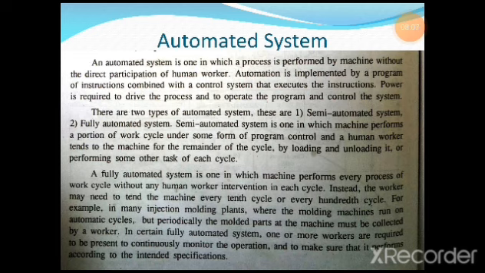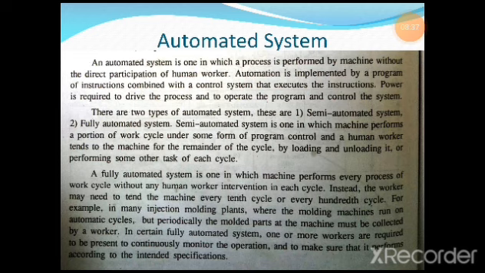A fully automated system is one in which the machine performs every process of the work cycle without any human worker intervention in each cycle. So every cycle means what? Every operation, or every job, because basically CNC machines are designed to perform mass production of identical jobs as long as there is no change in the design of the product to be produced.